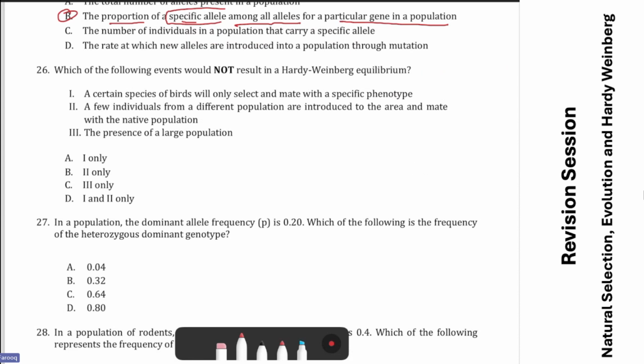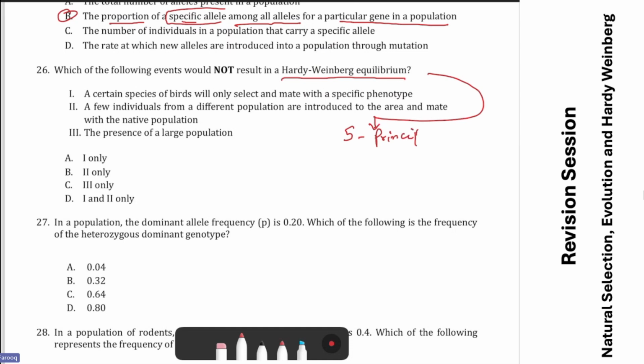Now, the next one, we need to know about the Hardy-Weinberg principle. Hardy-Weinberg equilibrium has five principles. We need to follow those and we need to learn those as it is. So what does he say? Hardy-Weinberg equilibrium can be achieved if you have these five principles.